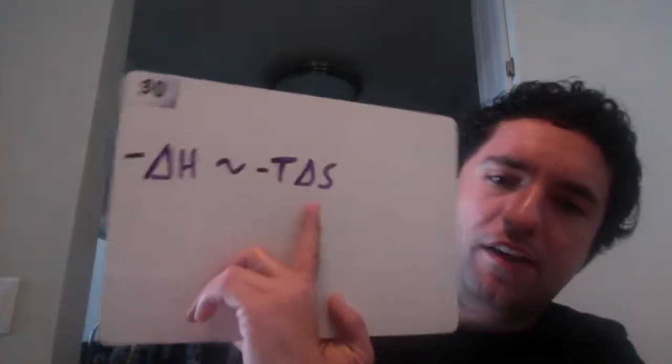So more spontaneous things are like that. This is all stuff we're going to look at next week, by the way, so we're kind of getting a head start. Spontaneous things are going to be negative enthalpy, so exothermic, it's releasing energy, as well as negative changes in delta S.